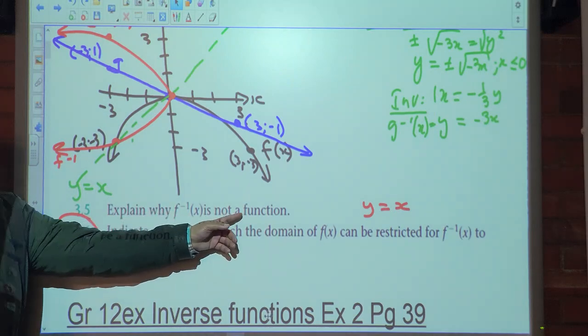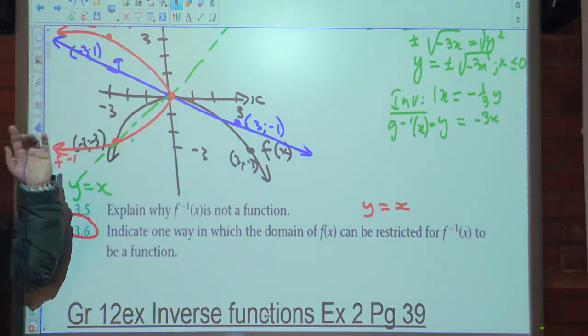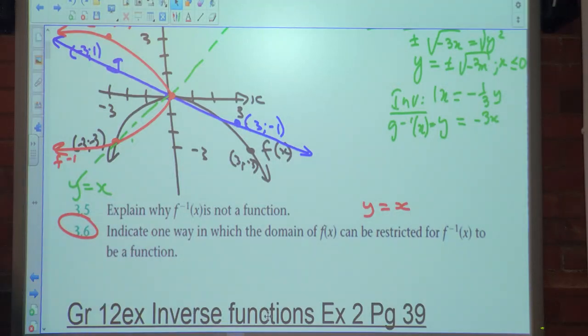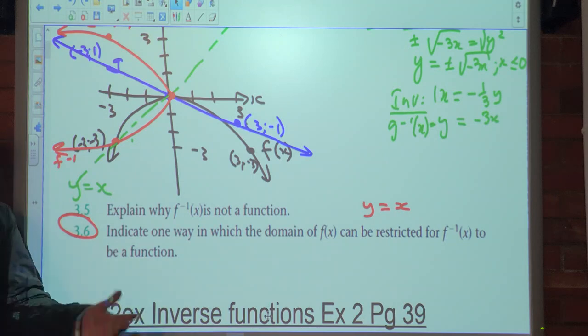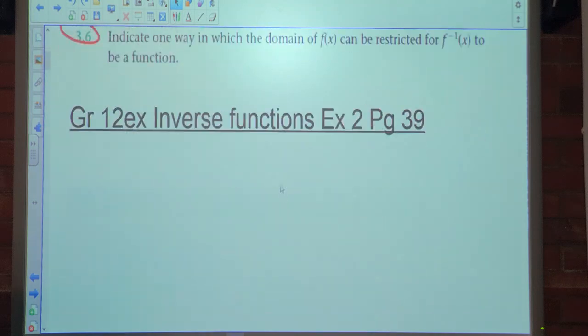Explain why the inverse is not a function. It does not pass the vertical line test. Indicate in which way the domain of the function would be restricted so that the inverse can be a function. X is less than or equal to 0 or x is more than or equal to 0. You see the same thing over and over. That's why I left it for last. Too easy for words.